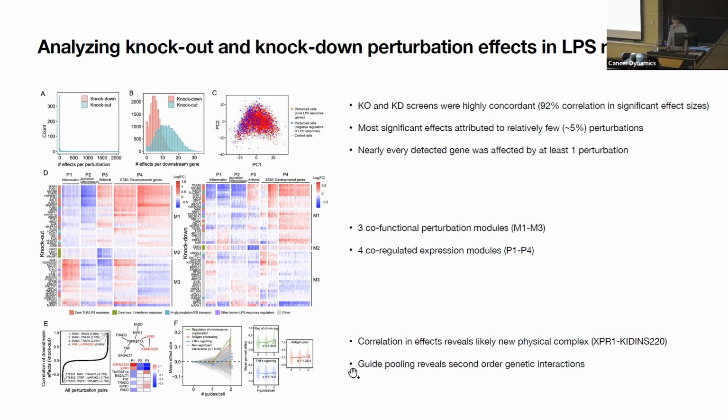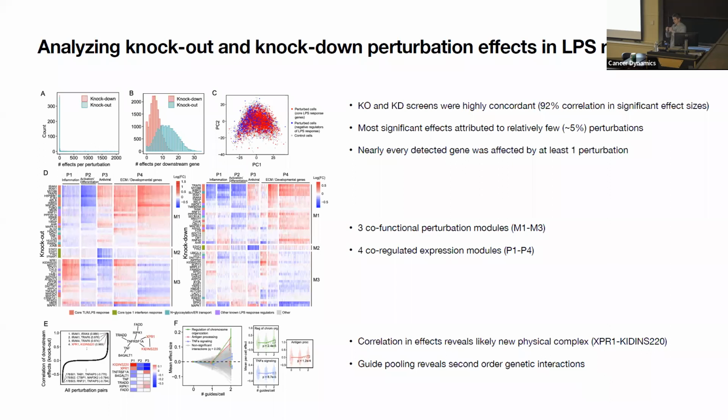The other thing that we can do, as I said, in guide pooling, is potentially discover second-order genetic interactions. Here it's important to note that we perturb 600 different genes overall, and so we are not at all powered to directly learn individual pairwise effects.